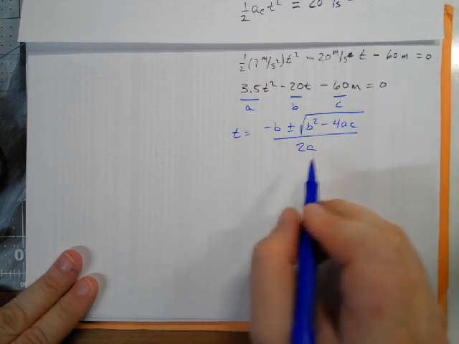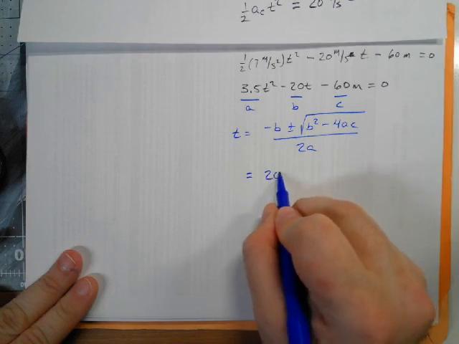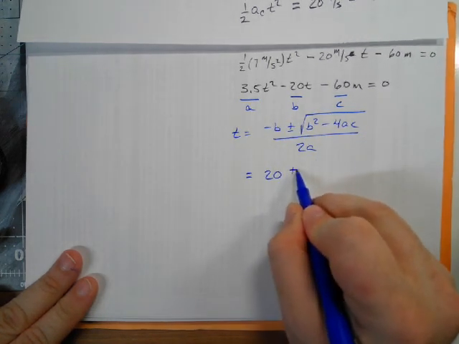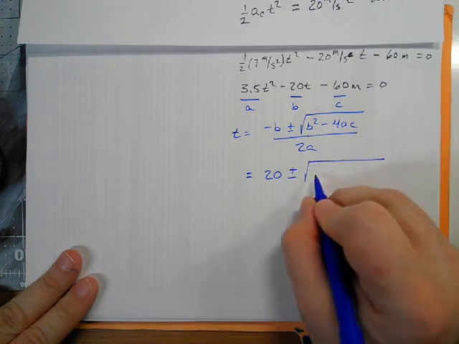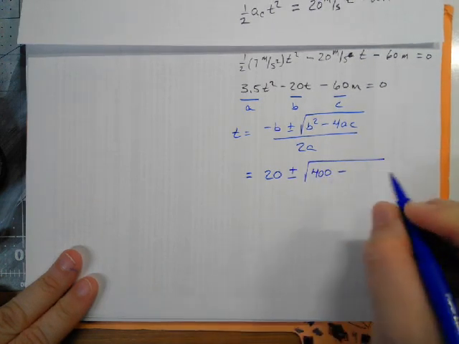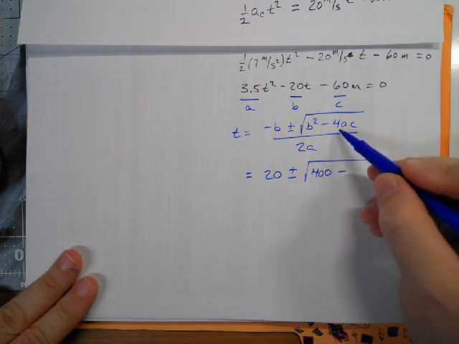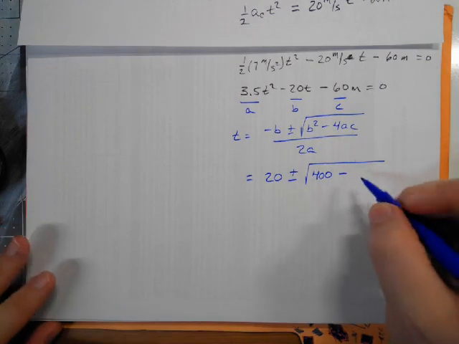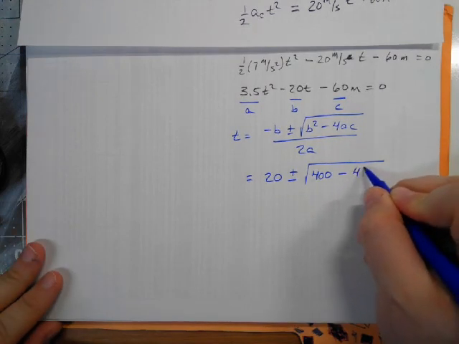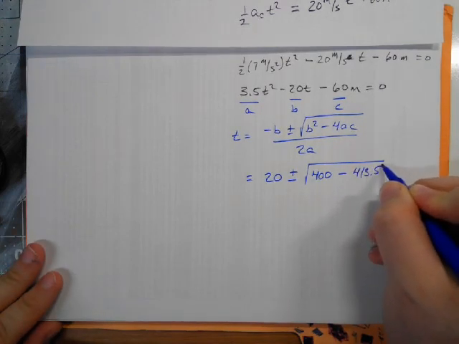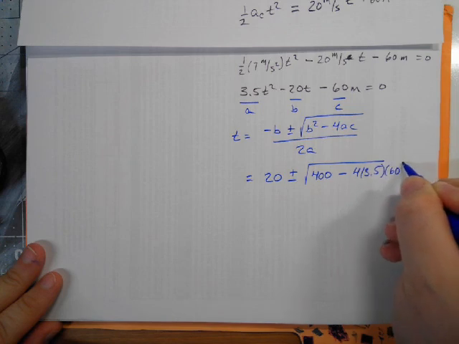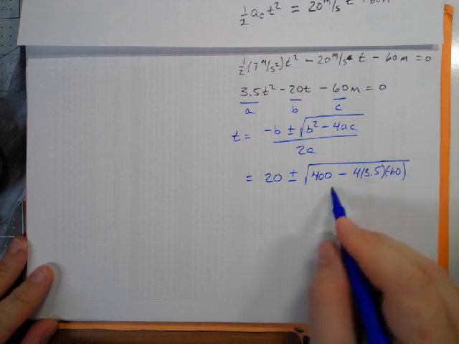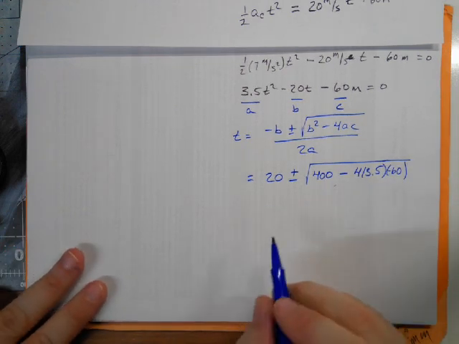And so what we should get is that this looks like 20 minus 20, and then the minus sign there cancels, plus or minus square root 400 minus 20 squared is 400. And we have 4 times 3.5 is 14. So I'll just write it out. 4 times 3.5 times 60. And we have a minus 60, so that's going to change that to a plus, so we're good.